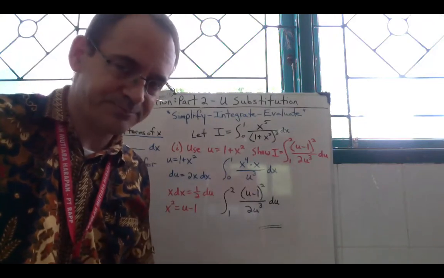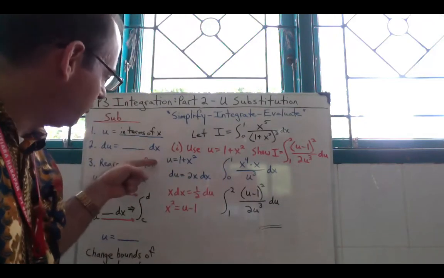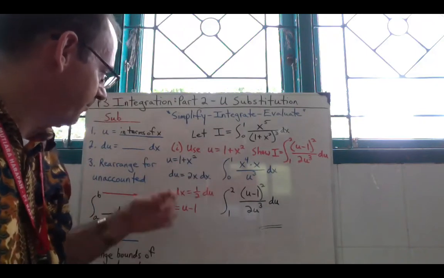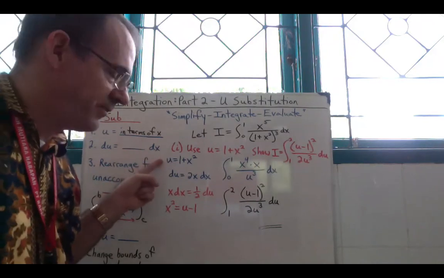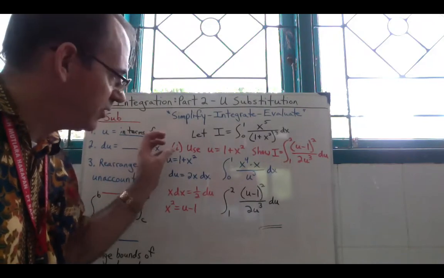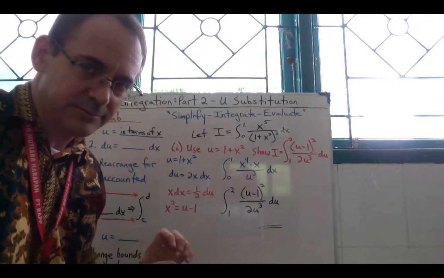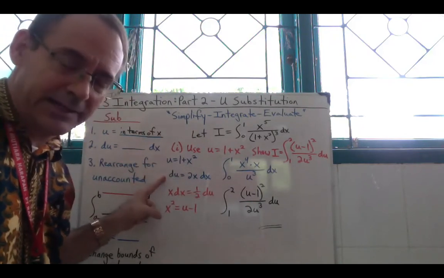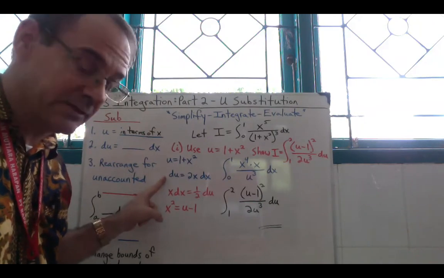So how do we do that? First thing you do is you start with what's given: u equals 1 plus x squared. Then the very next thing you should do, don't even substitute it in yet, write the given and immediately write the derivative of the given.